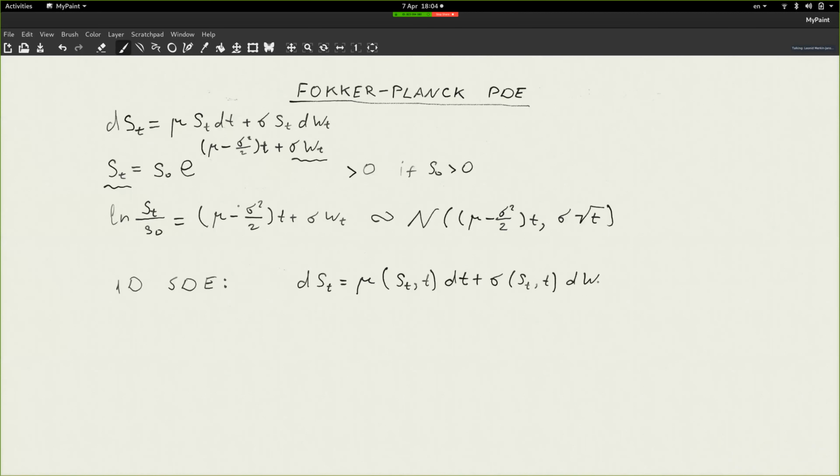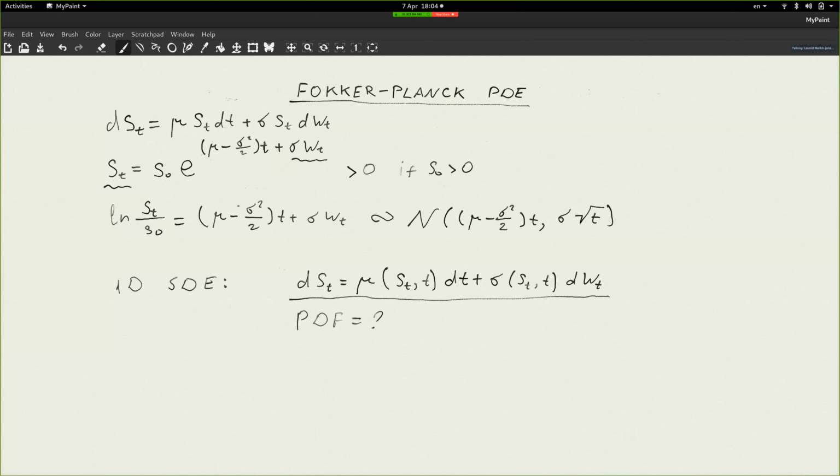That's the general case. So the question is, can we obtain for this general stochastic differential equation a similar probability density function for our process? There is no straightforward answer to this.